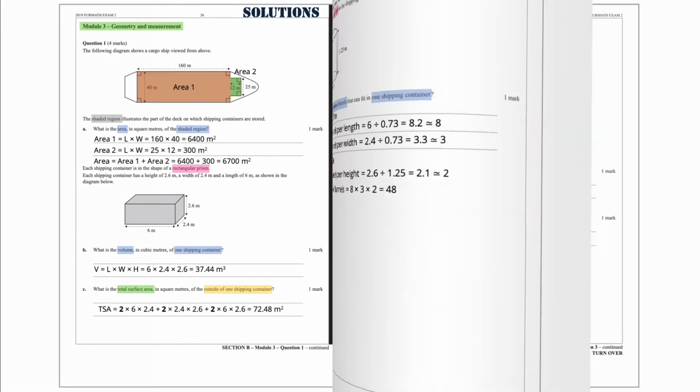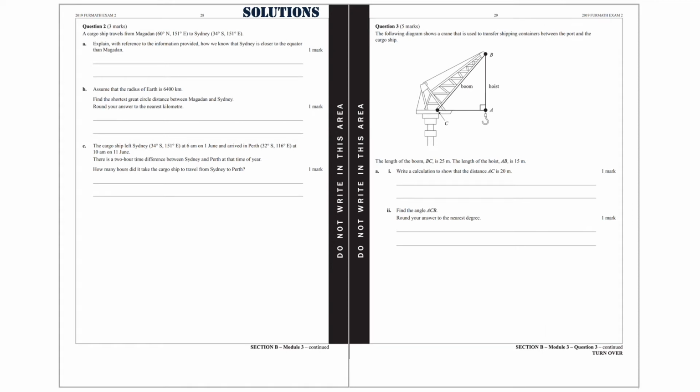Question 2. A cargo ship travels from Magadan, 60 degrees north, 151 degrees east, to Sydney, 34 degrees south, and 151 degrees east. Part A. Explain, with reference to the information provided, how we know that Sydney is closer to the equator than Magadan.